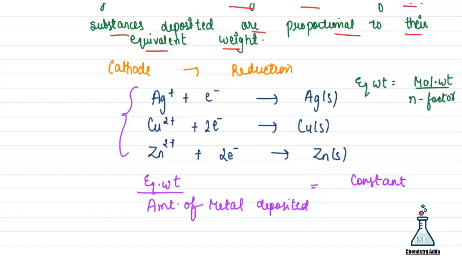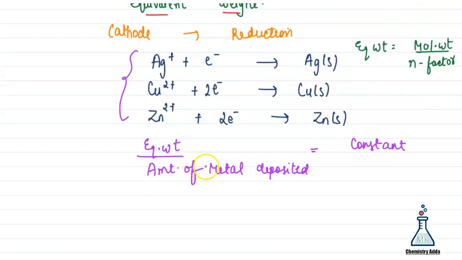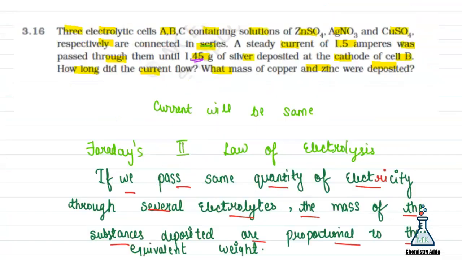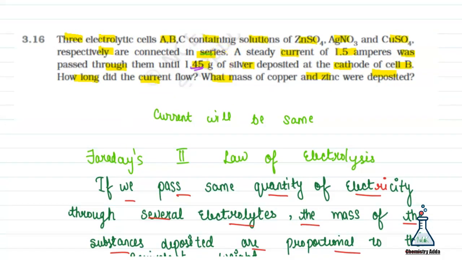So we can write this relation and find the mass of zinc as well as copper deposited. The equivalent weight of silver is 108, its molecular weight upon n factor, which is 1. So 108 upon 1.45, the amount of silver deposited.